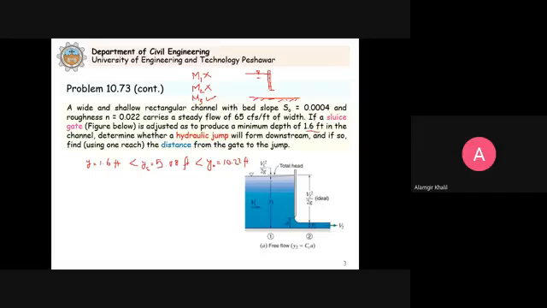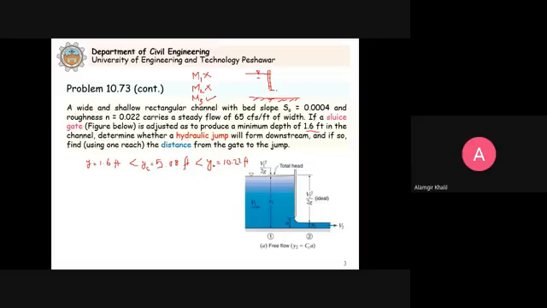This is a mild slope. Now a mild slope cannot sustain supercritical depth. Supercritical depth can occur on a steep slope. So because this is a mild slope, it cannot maintain this supercritical depth, which is less than yc and y naught. Then what will happen?